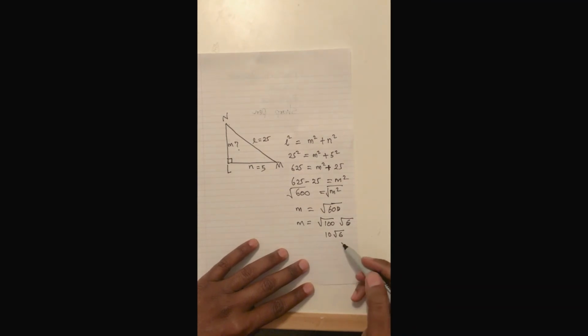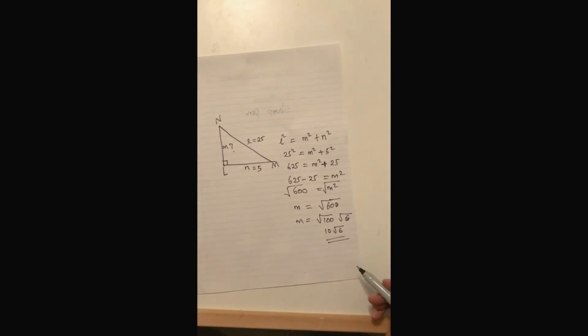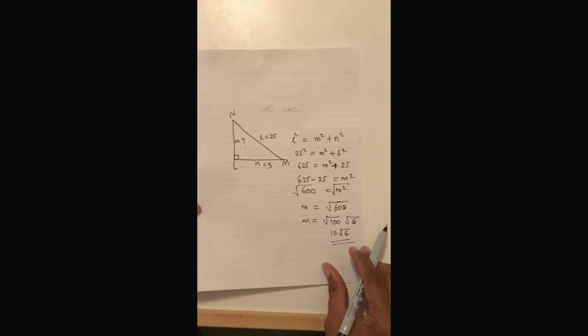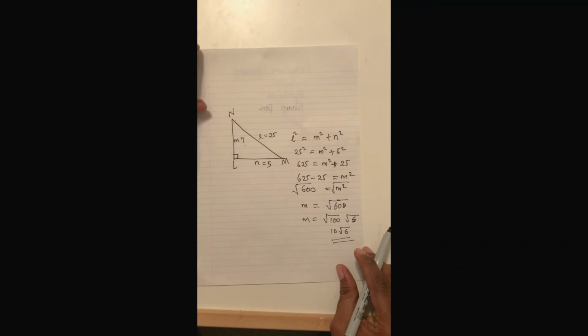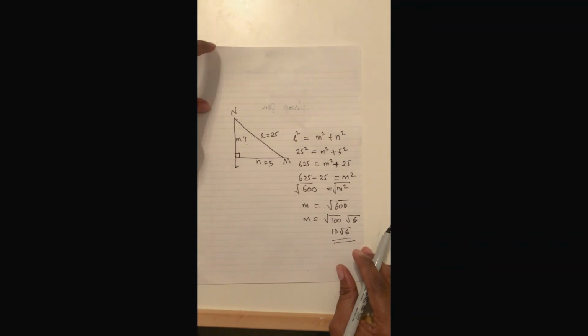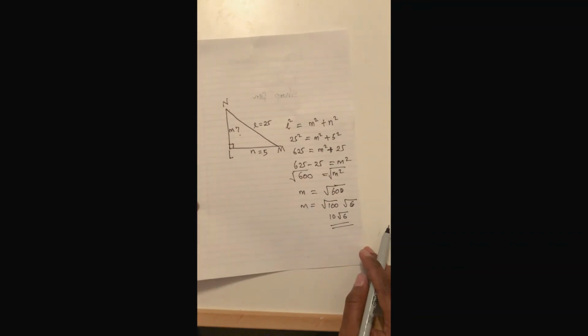So 10 root 6, this is normally called a radical. So that's the answer, but you could also use a calculator to find the exact number. Okay, so let's also do one more example where we are looking for the base given the other two sides.